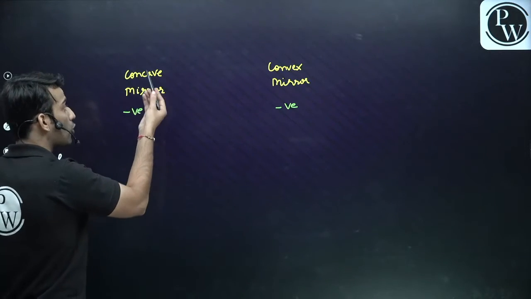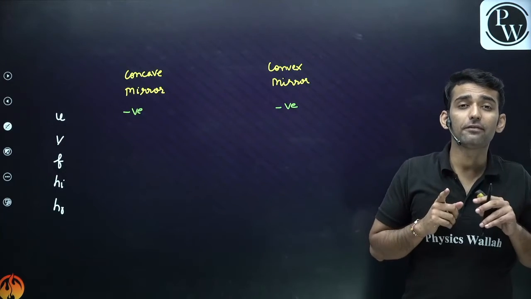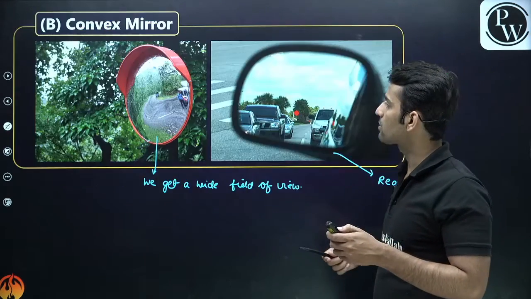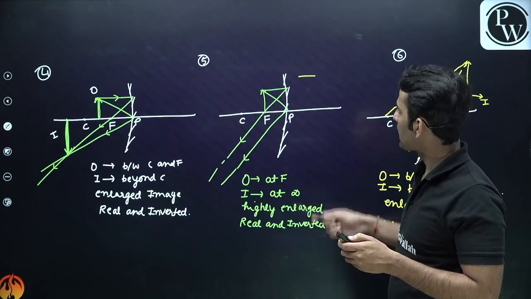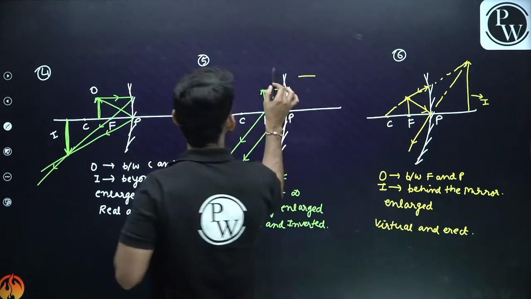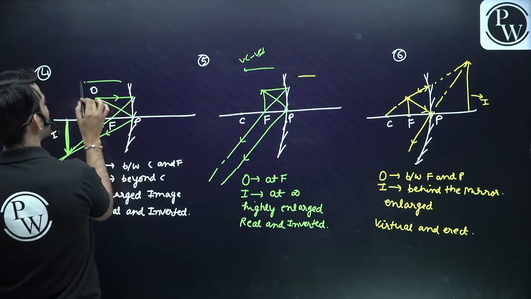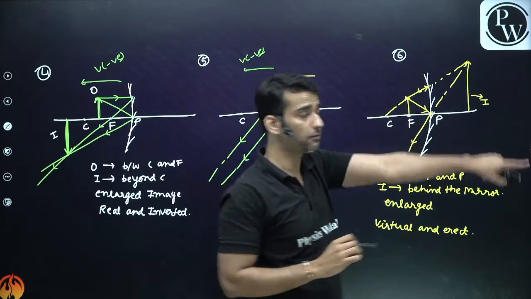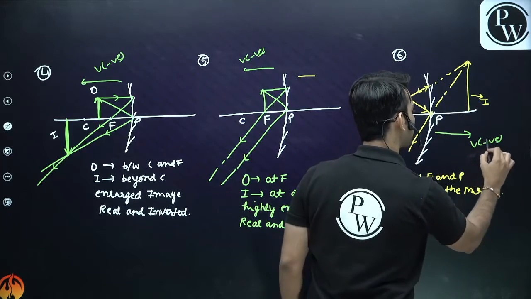Image: a concave mirror can form an image both on the left hand side and the right hand side, guys. Just recall it. I had told you about concave mirror. Can you see? Here the image is formed on the left, so v is negative. Here the image is also formed on the left, so v is negative. But here it is formed on the right, so v is positive.